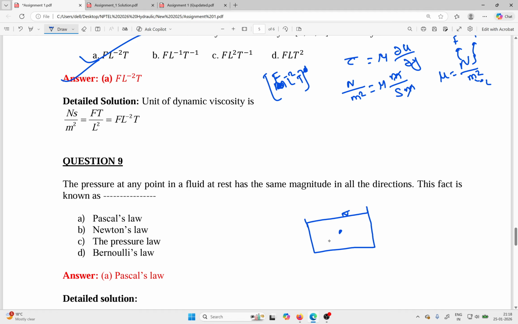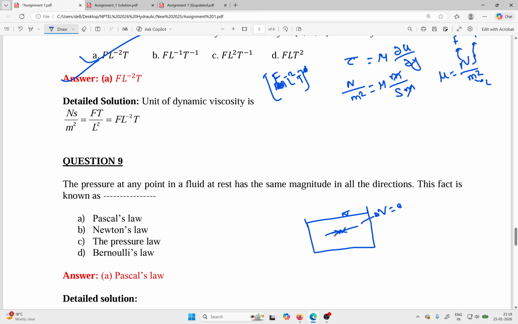The pressure at any point in a fluid at rest, that is velocity will be zero, has the same magnitude from this direction, from this direction, within the screen, outside the screen, everywhere. The magnitude is the same. Remember, at the same level.